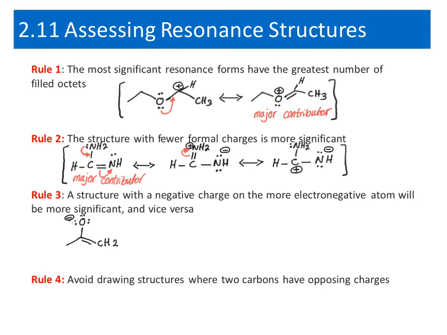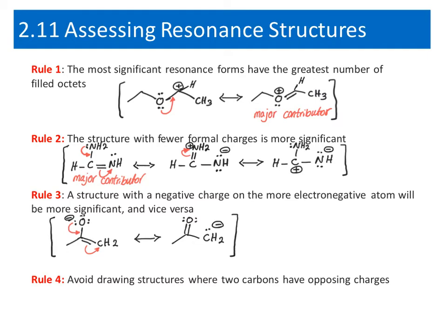I have a lone pair of electrons allylic to a double bond, so I can use two arrows. And don't forget, carbon gets a negative charge here.